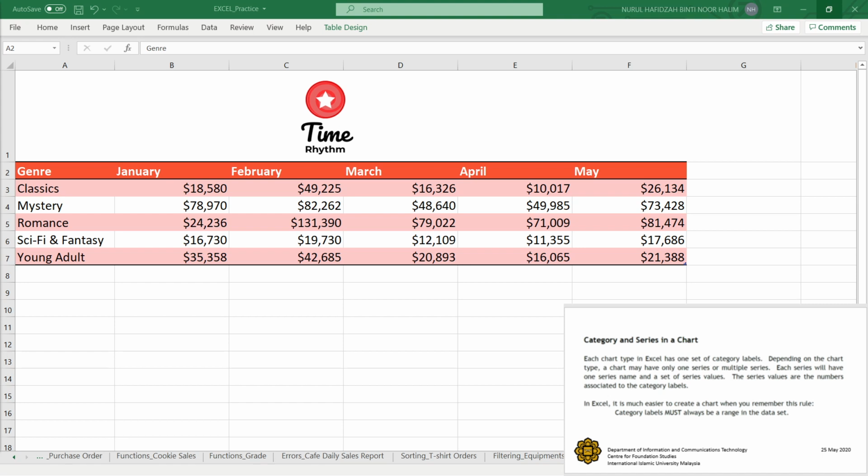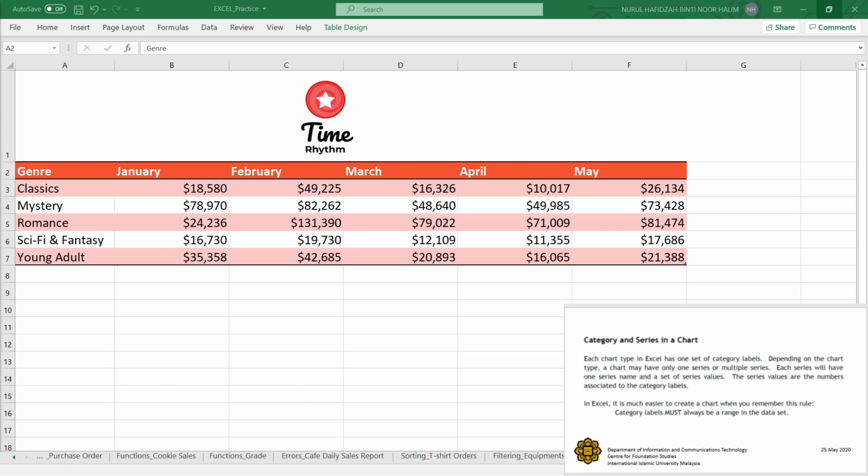The title should clearly describe what the chart is illustrating. And then we have the vertical axis, also known as the y-axis, which is the vertical part of the chart. And then we also have the horizontal axis, also known as the x-axis, which is the horizontal part of the chart.